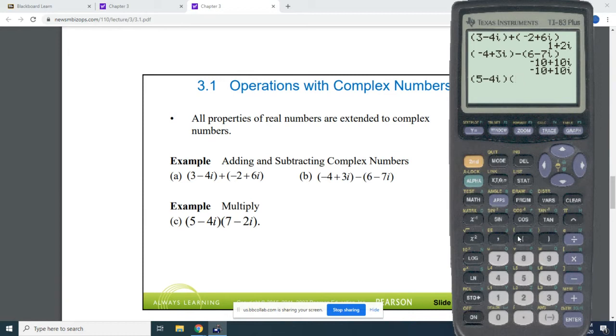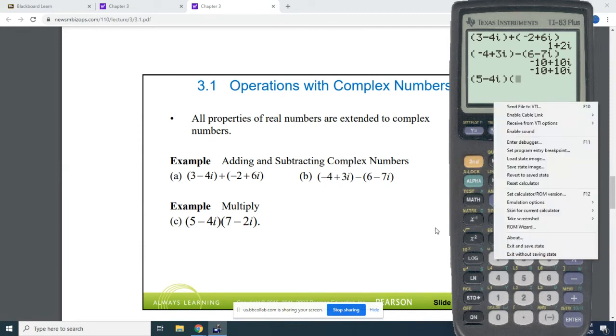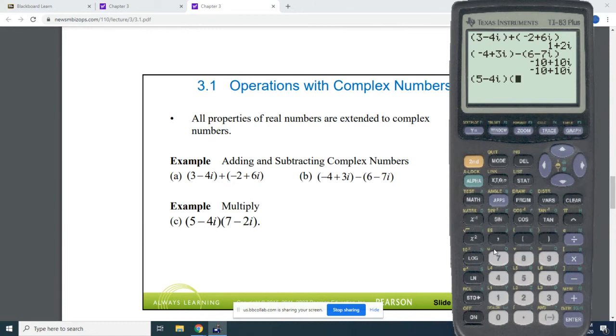The calculator actually understands that parentheses denote multiplication as well, so I'm not actually putting in a multiplication sign. And we have 27 minus 38i.